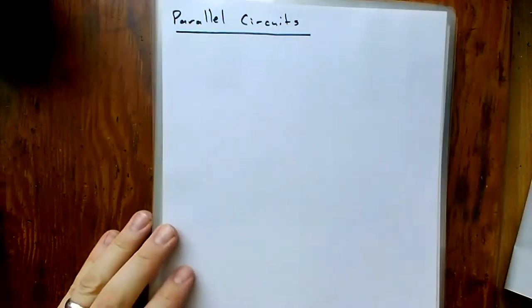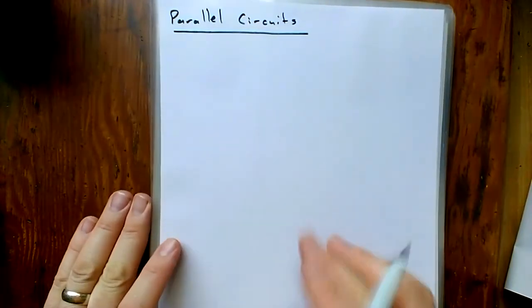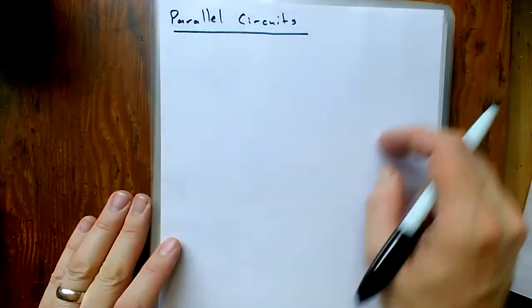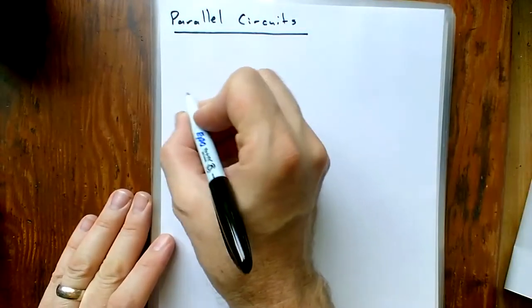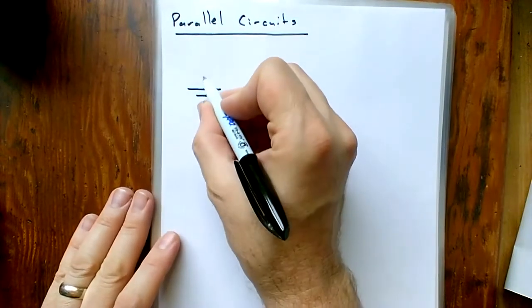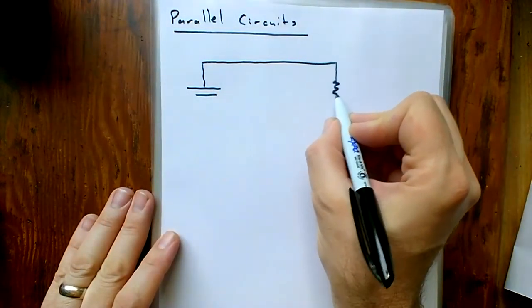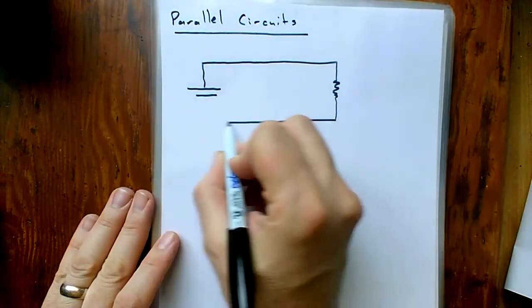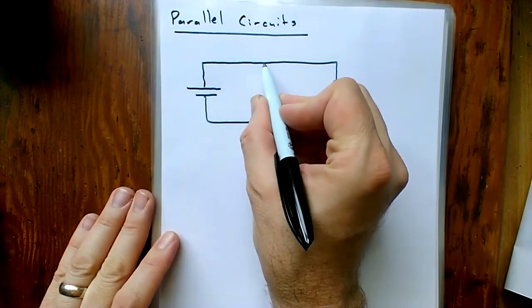Okay, today we're going to talk about parallel circuits. Now, previously we talked about series circuits where everything can be written as basically a single loop. Well, a parallel circuit is something that isn't going to have just a single loop, but could be written as one.